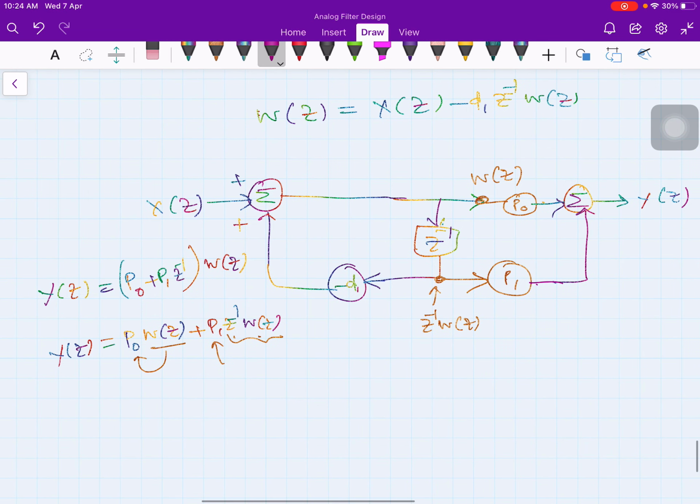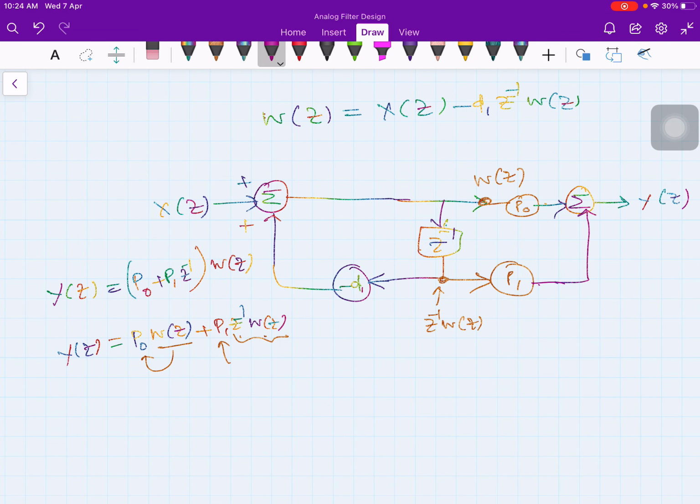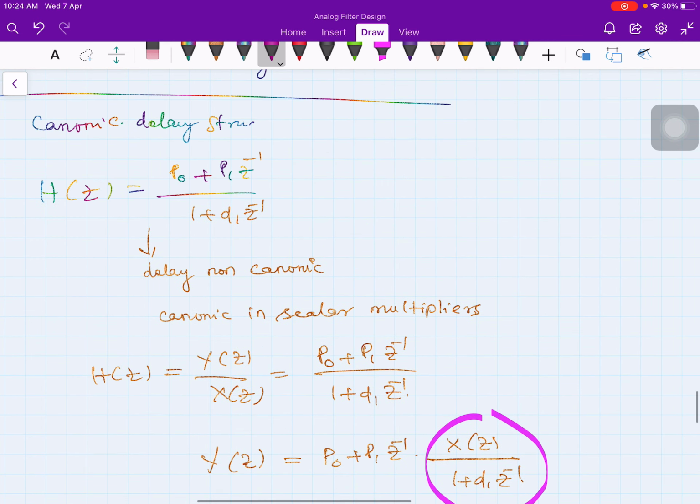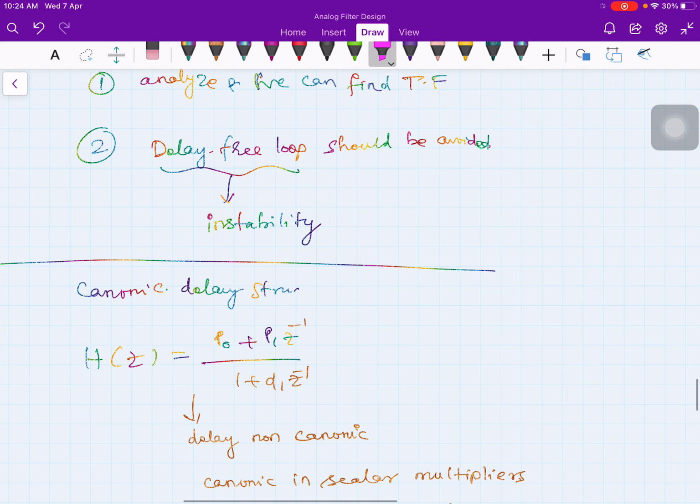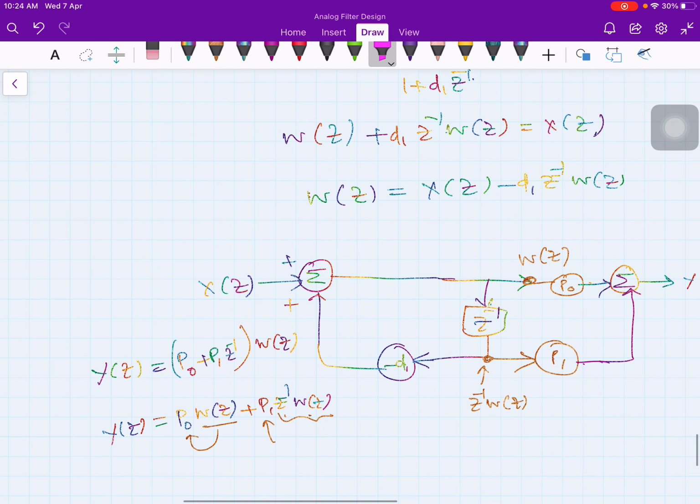Now you see, I need only one delay here. There are 3 multipliers. So in the given transfer function, 3 multipliers, no problem. P0, P1, D1. So that's why we have 3 multipliers, 1, 2 and 3, no issues. But it is a first order filter, so I must use only one delay. So exactly we used only one delay here.